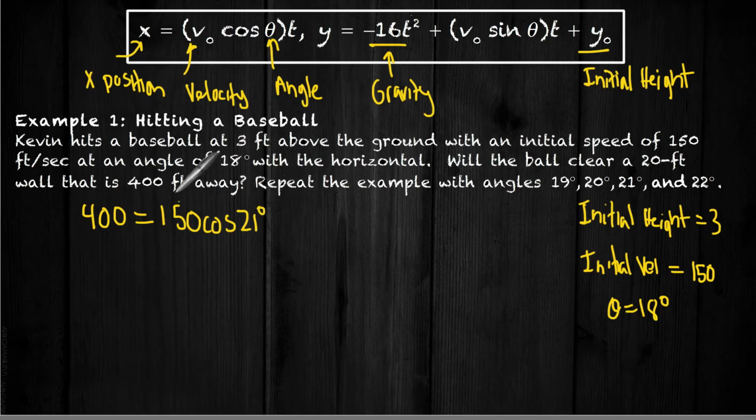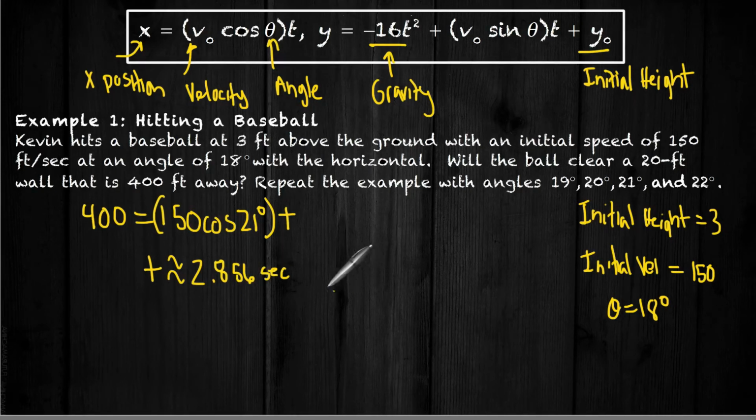At least that was the angle that got us over the fence. And all of that is times time. Well, we can divide 400 by 150 cosine of 21 because that's just a constant. And we get the exact time when the ball was 400 feet away horizontally. And that is going to be 2.856 seconds.